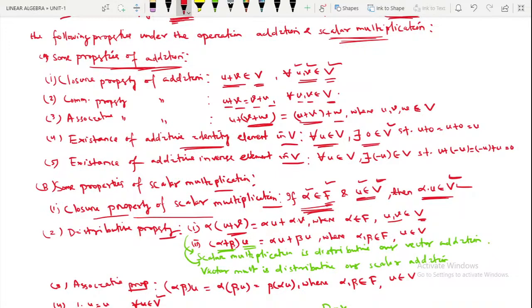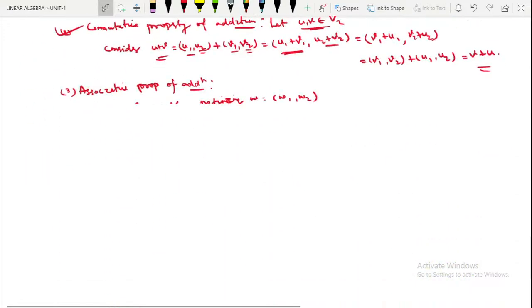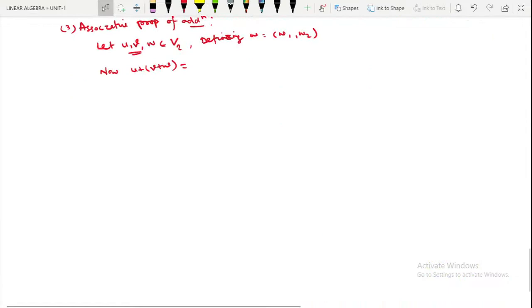So first I will simplify the left-hand side, then I will simplify the right-hand side, then I will show both are equal. So I start from the left-hand side.